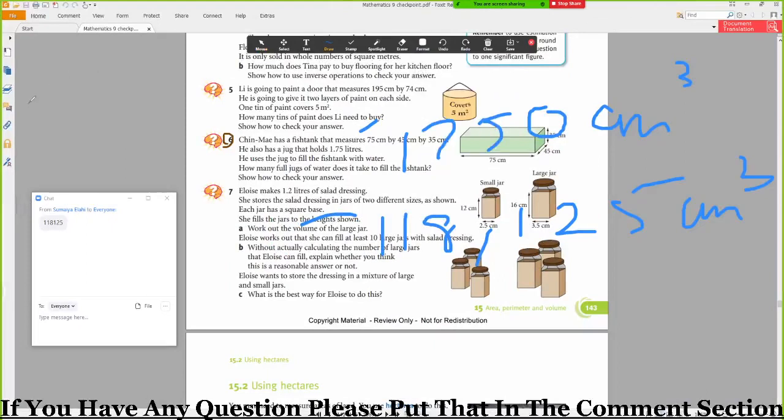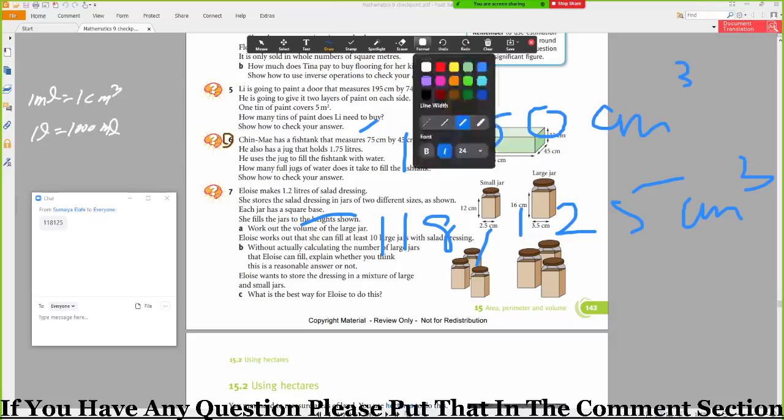I know, but I don't remember. See how many jugs it takes to fill the fish tank.